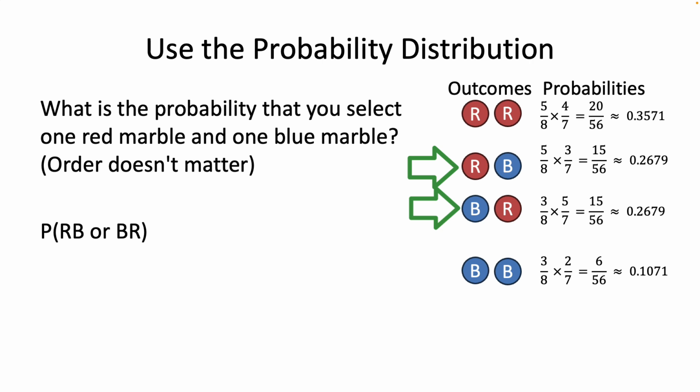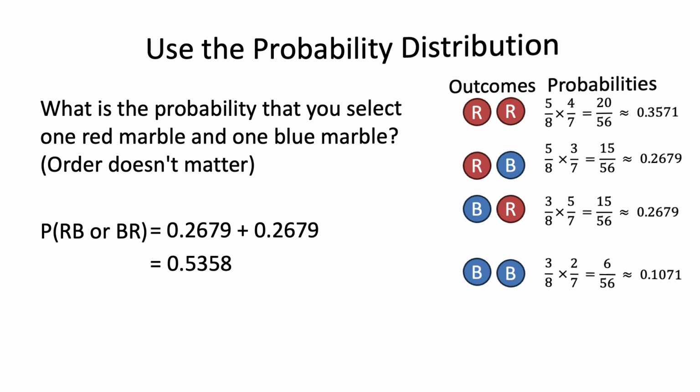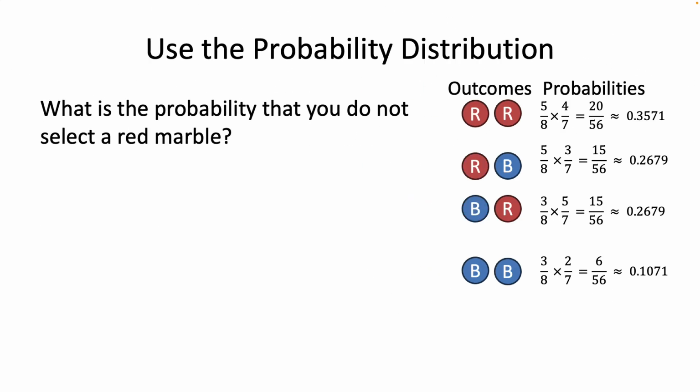Now, or in probability usually means addition, so we need to add up these 2 probabilities. So we need to take 0.2679 and add to it 0.2679. That gives us 0.5358.